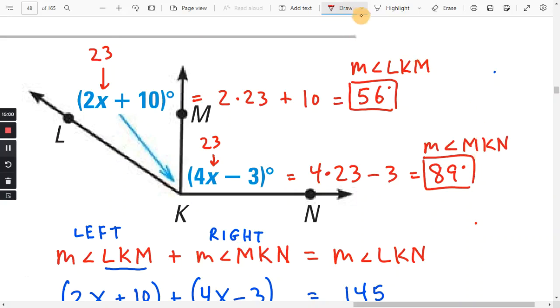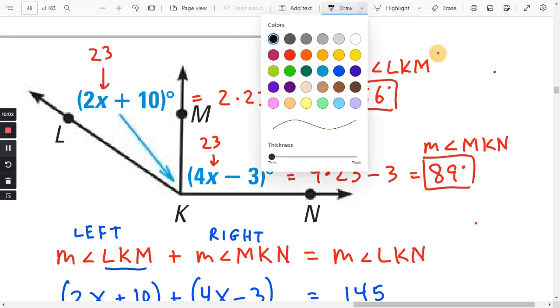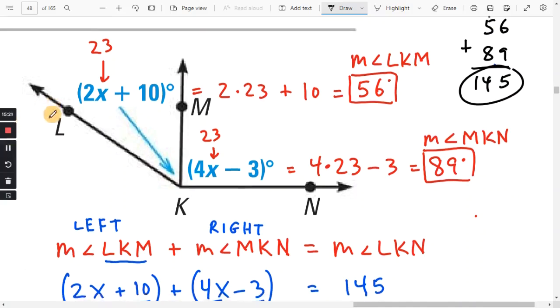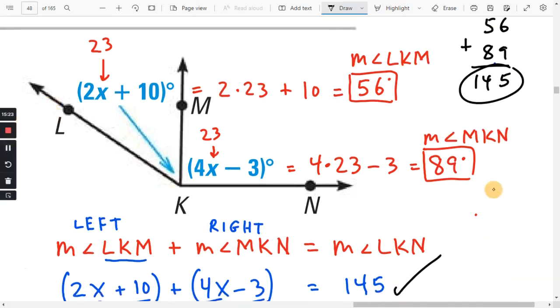And finally, the final check, if we do 56 plus 89, all right, we're doing the angle addition. 6 plus 9 is 15, carry the 1. 5 plus 8 is 13, plus 1 is 14, so 145. Okay, and we said in the beginning, it was given in the problem, the whole thing, the big angle was 145, so it checks out.